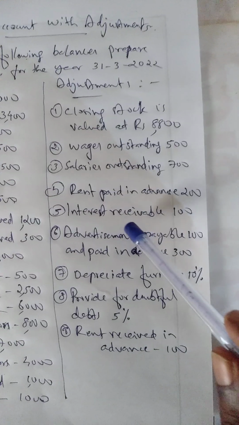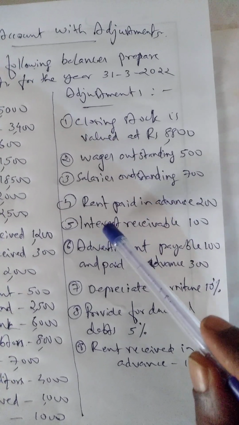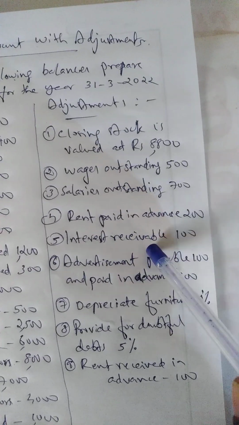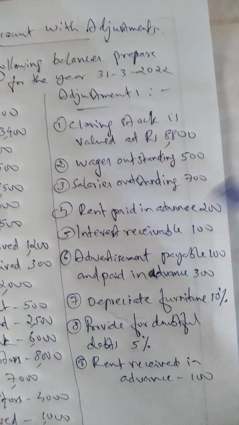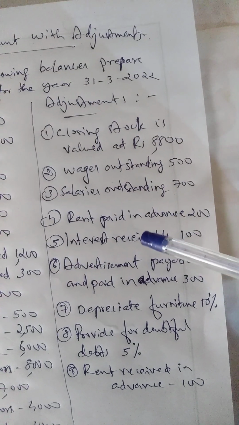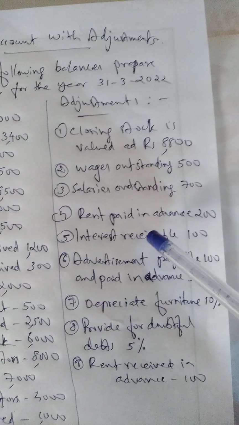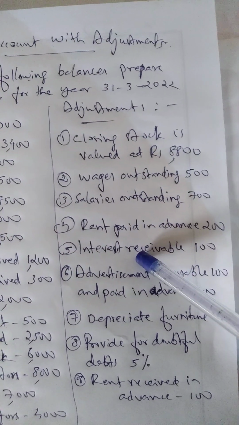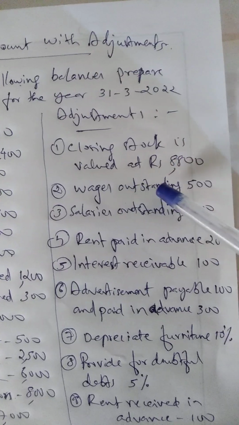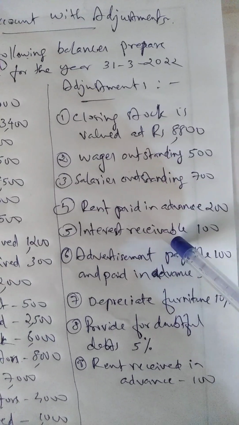And you should not think that interest receivable is simply an income. As it is receivable, it means it is outstanding. We have the eligibility to receive that, but we didn't receive it yet. So it is just the opposite of expense outstanding. It is income outstanding, and we already learned how to treat expense outstanding, isn't it? Here it is income outstanding.